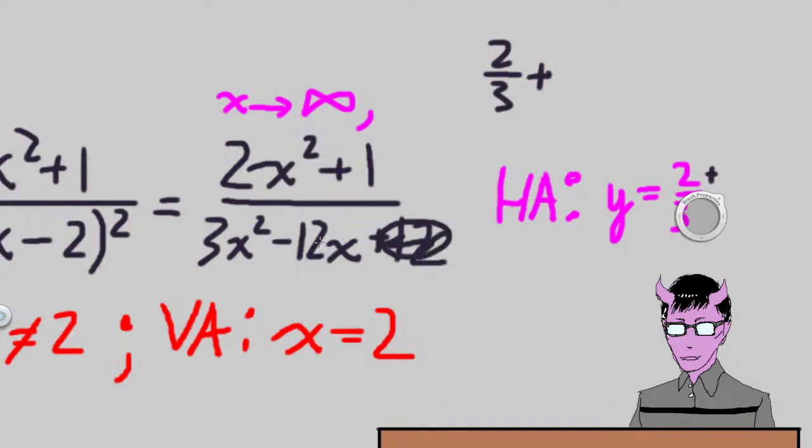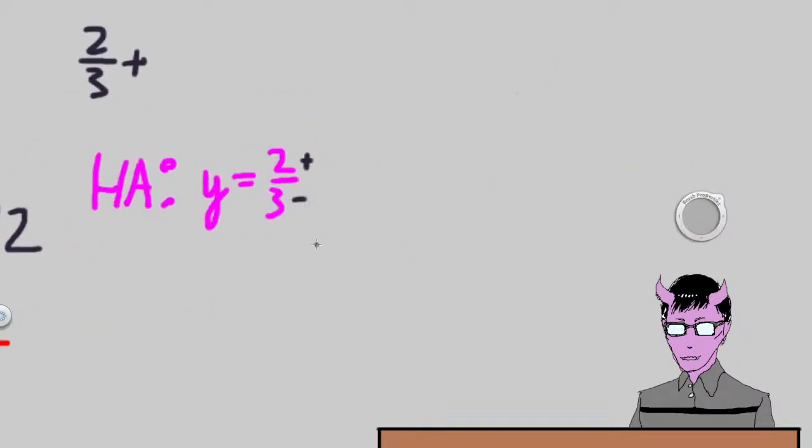The plus 12 is marginal compared to this one, so this minus 12x is actually reducing that 3 in the end. So this is actually less than 3. When your denominator is slightly less than your numerator, this whole thing is slightly bigger than 2/3.